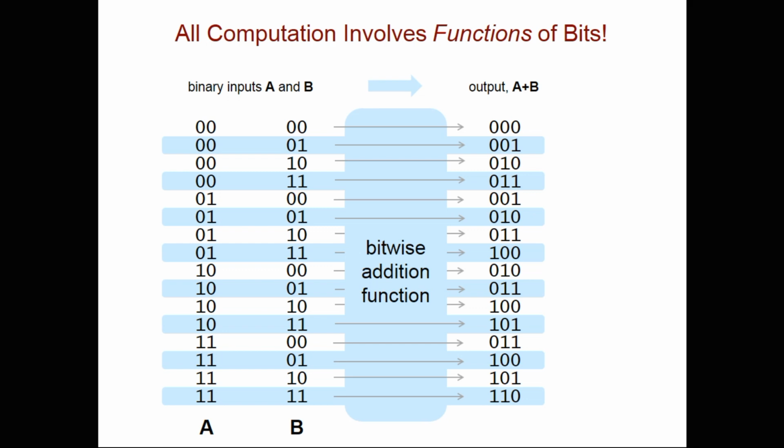At the hardware level, each of these circuits can represent a function. For instance, you can see a bitwise addition function that takes binary inputs A and B and performs the addition. In this course, you've been asked to build this function using Python and also design it using circuits.